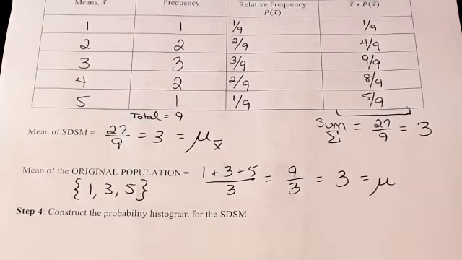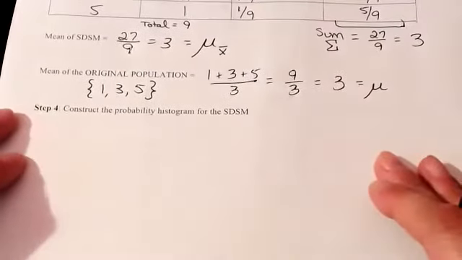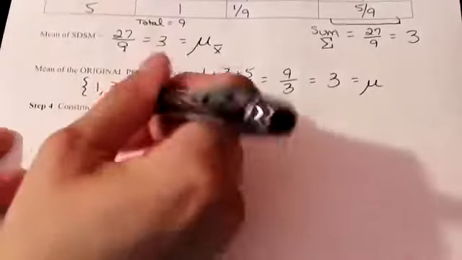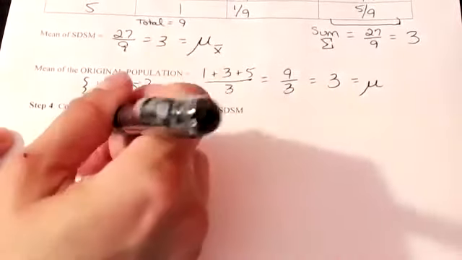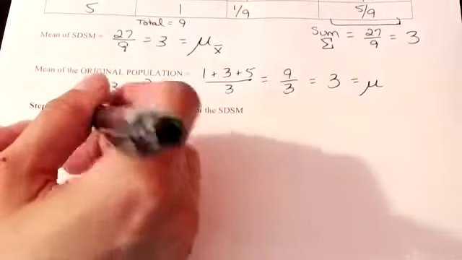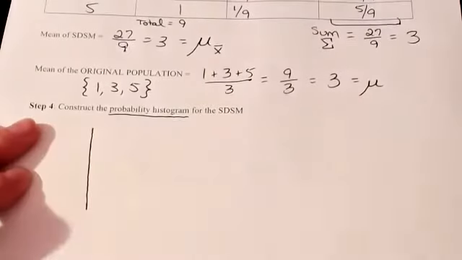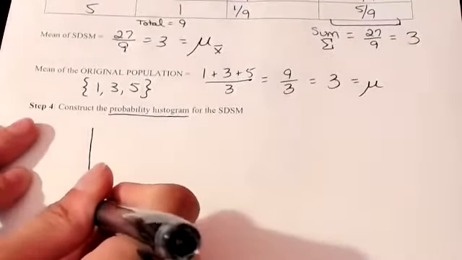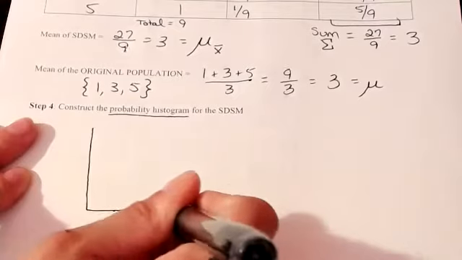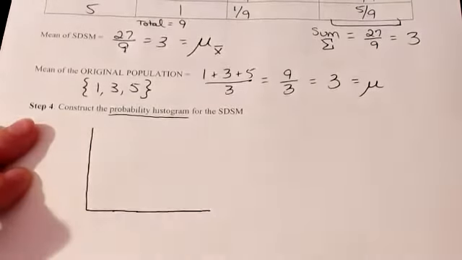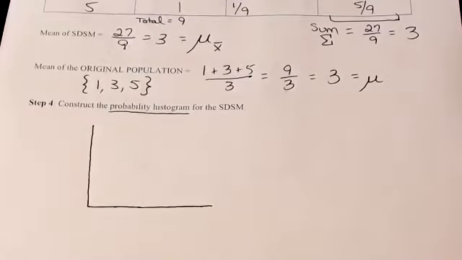But our last step is to construct a probability histogram for the SDSM. So here's how we would do that. Remember that if we're constructing a probability histogram, we know this deals with frequency, but because it's probability, our vertical axis is going to be relative frequency, and our horizontal axis is going to be the actual values that we calculated for our sample means.